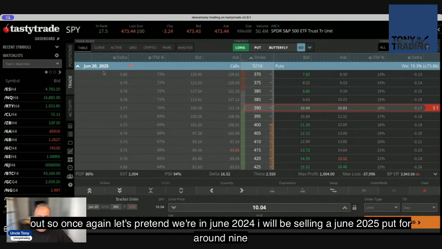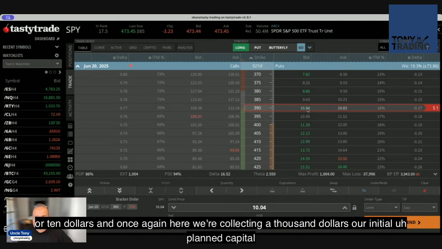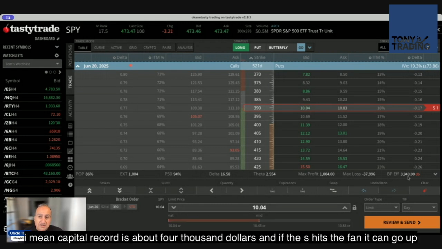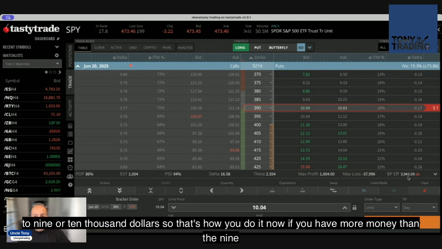So once again, let's pretend we're in June 2024. I will be selling a June 2025 put for around $9 or $10. And once again, here we're collecting $1,000. Our initial planned capital required is about $4,000. And if the S hits the fan, it can go up to $9,000 or $10,000. So that's how you do it.